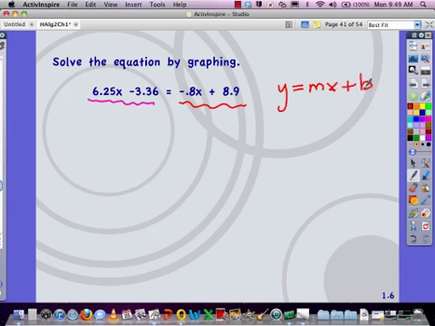So if you substituted in your brain and said, well, one of the equations is y equals negative 0.8x plus 8.9, and then the other equation would be y equals 6.25x minus 3.36, you have two separate equations.